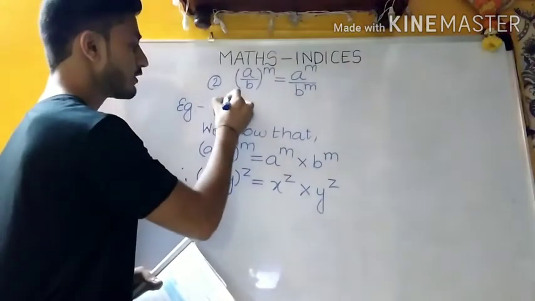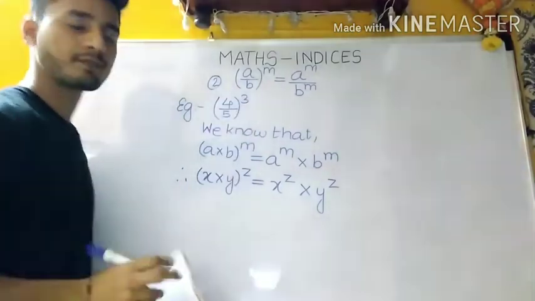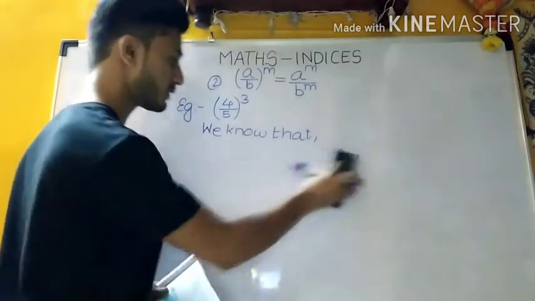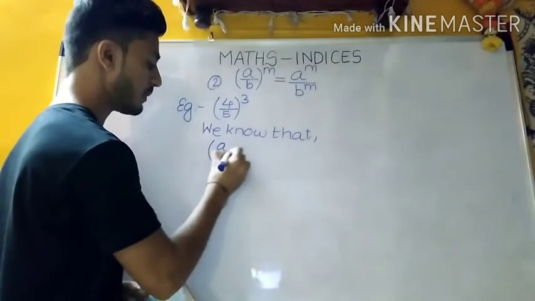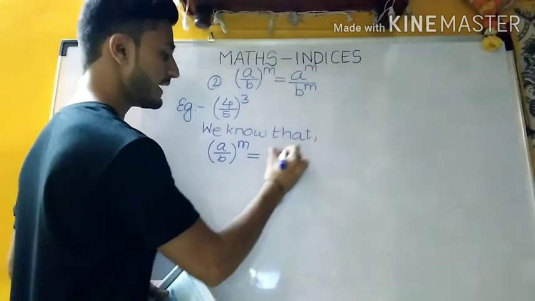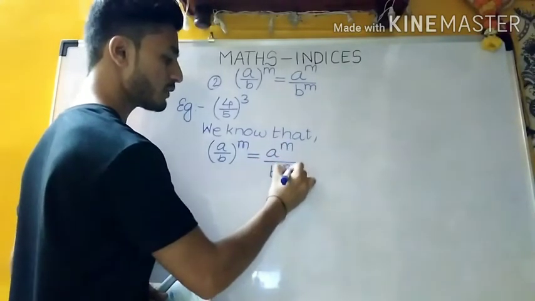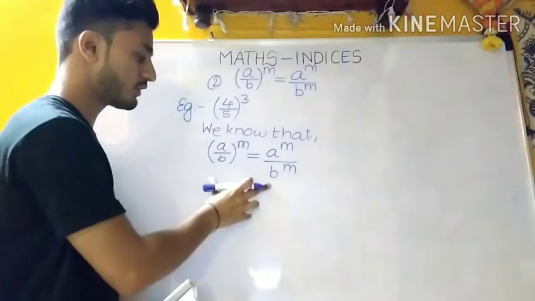So if it is 4 upon 5 raised to the power 3. Okay, now we are going to change the law because we are not going to use the same one. The law is A upon B raised to the power m is equal to A raised to the power m divided by B raised to the power m. Okay, now we will convert this question in the form of formula.